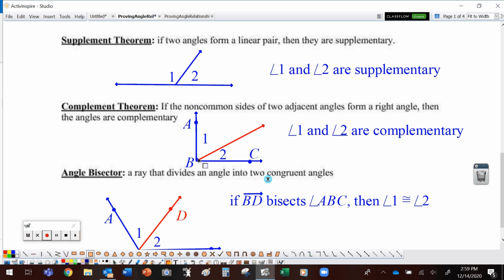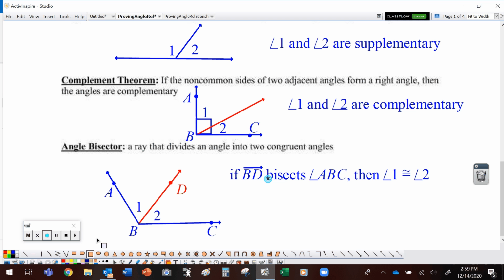If that's a right angle, okay, then the non-common sides of angles 1 and 2, side AB and side BC, those form a right angle. What that means for us is that angles 1 and 2 have to be complementary. They have to add up to 90 degrees. And that makes sense. If we look at the diagram and see that these 2 sides on the outside of this pair of angles is a right angle, then if I add these 2 together, I've got to get 90 degrees.